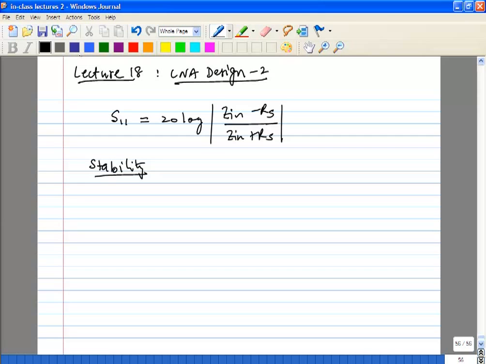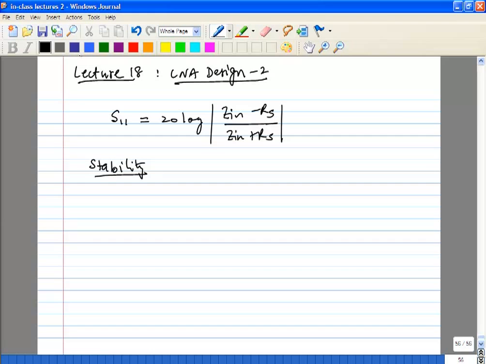Now, in the present LNA project announcement, I have asked you to match both the input and the output. That would be the case for a discrete LNA, where your LNA is a separate block by itself and you have to do 50 ohm matching everywhere. The other option, remember we looked at the output of the LNA, you might require some kind of filtering, and usually such filtering would be an off chip filter. If that is the case, you again have to do 50 ohm matching.